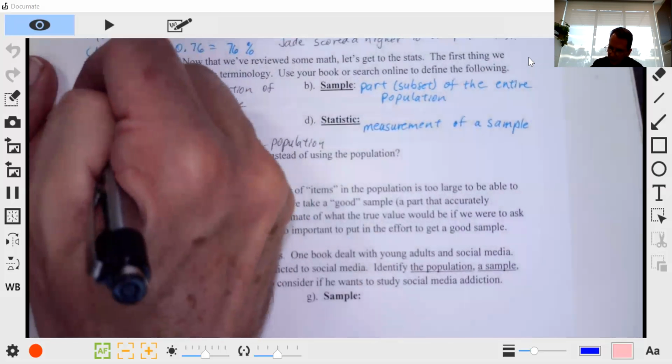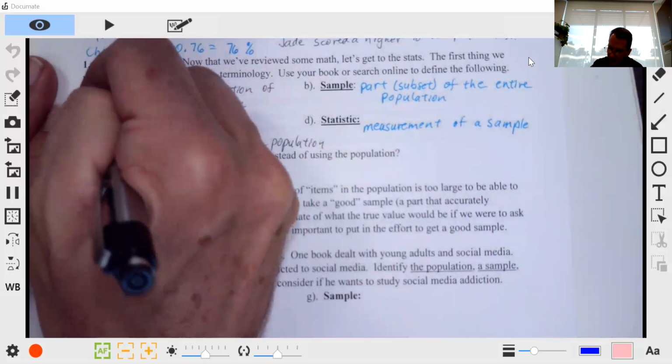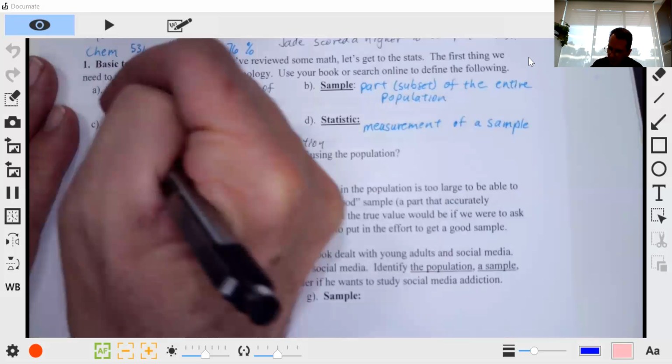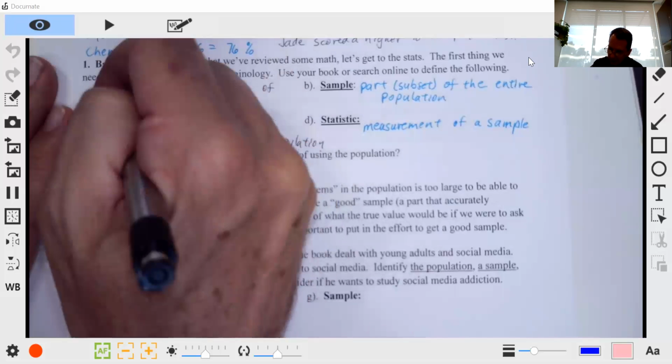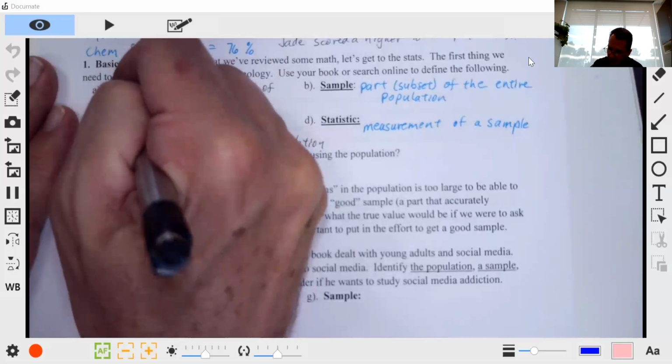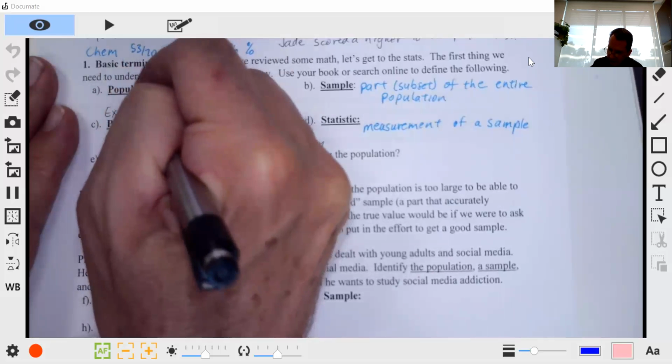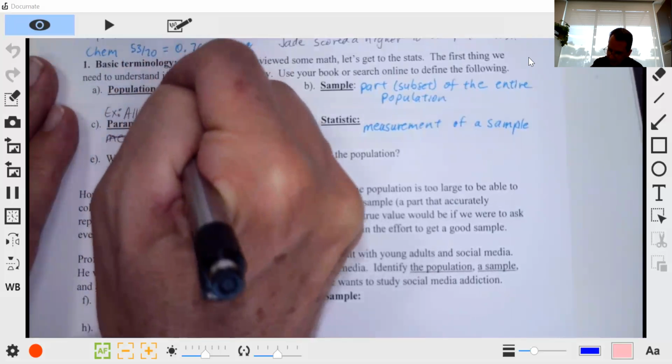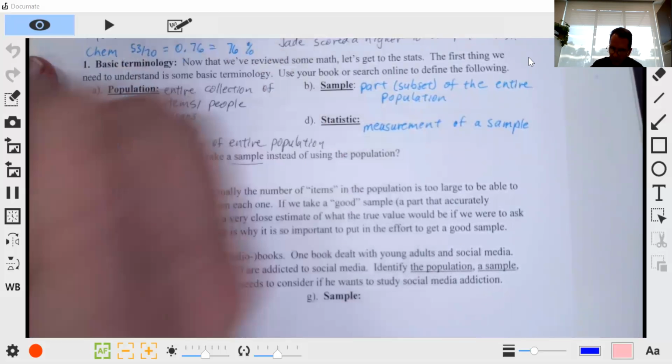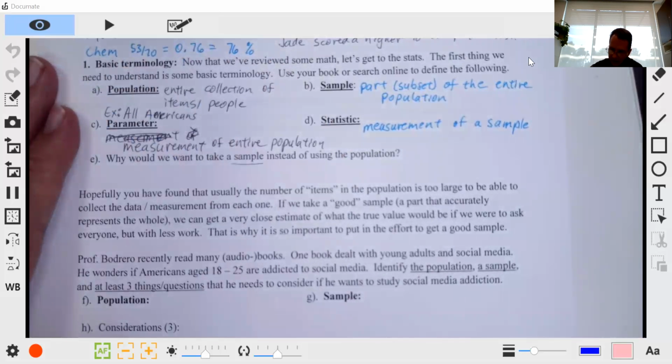Well, if we talk about population, for many people, the first thing that comes to mind is all the people that live in a country. So if we were to take a look at all Americans, we're talking about over 300 million people. And many times, populations are so large, it's impossible to get to every single one of them.